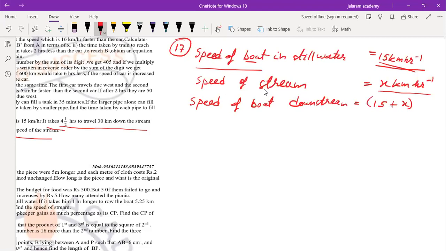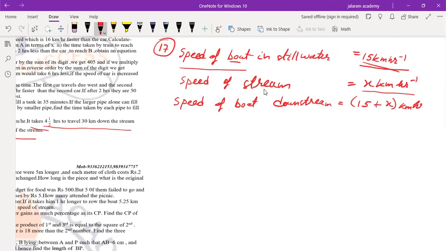We know that speed of boat is always greater than the speed of stream. Otherwise, it will flow away. It cannot run on the water if the speed of the stream is greater than the speed of boat.